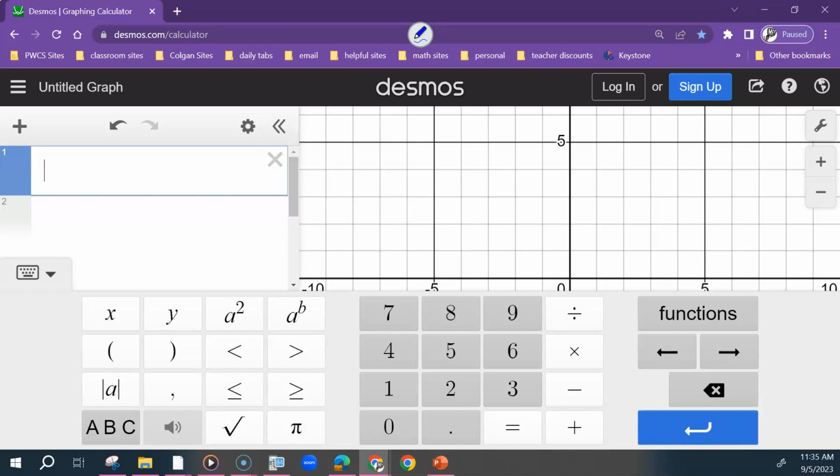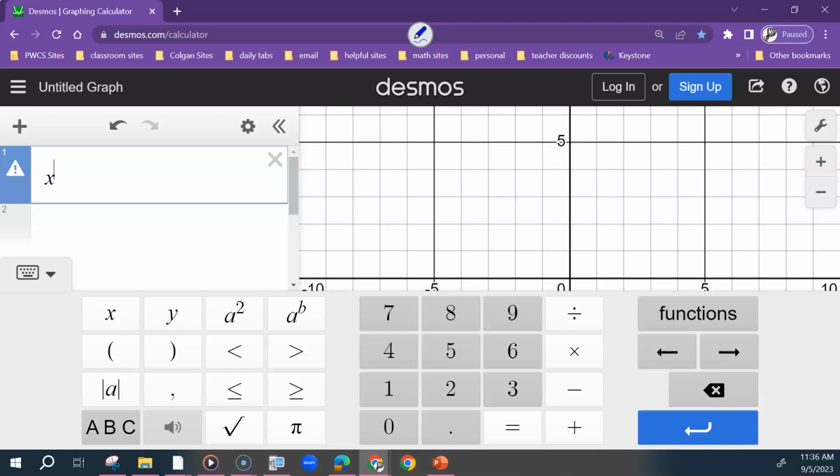If you need something outside of this, so let's say you are typing on your school computer. The exponents are there, but if you wanted to type in your exponents, so let's say I'm using the variable x, and I want a different exponent, instead of using the a squared or the a to the b, I can hit shift 6.